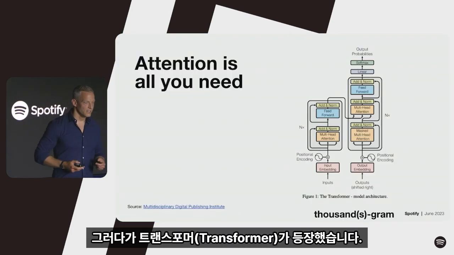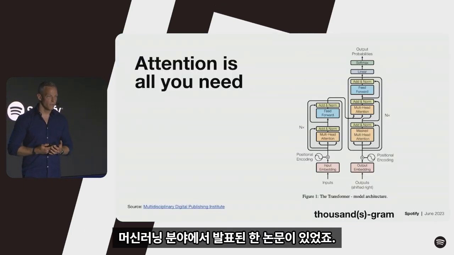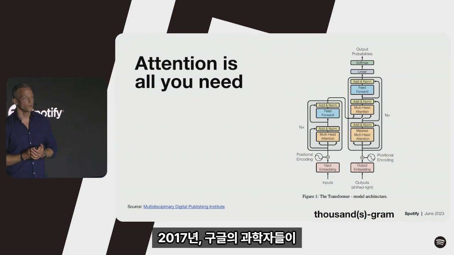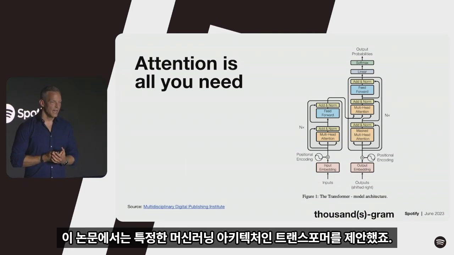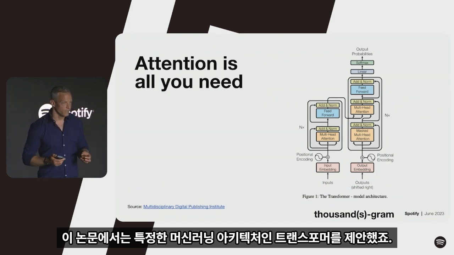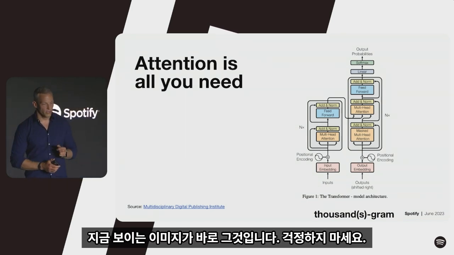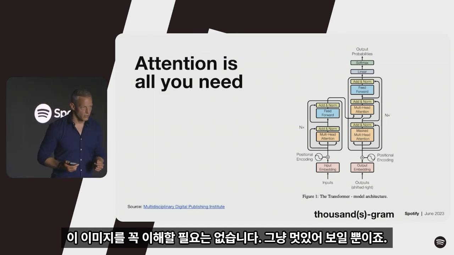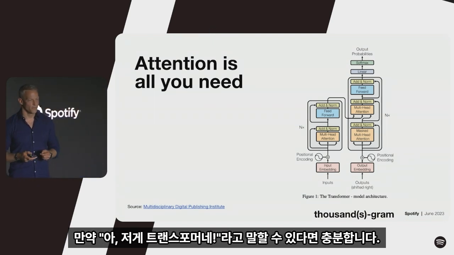Enter the transformer. There's this paper that came out from machine learning scientists at Google in 2017 called Attention Is All You Need. And it suggested a specific machine learning architecture called the transformer, which is what you see on this image. And don't worry, you don't have to understand this image at all. It's just going to look cool if you say, oh, I recognize that, it's a transformer.